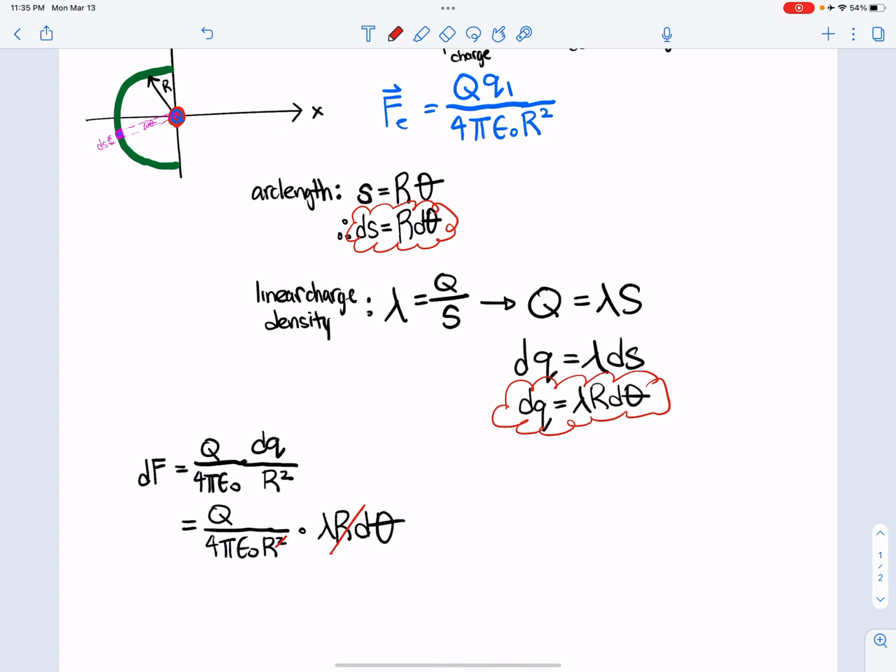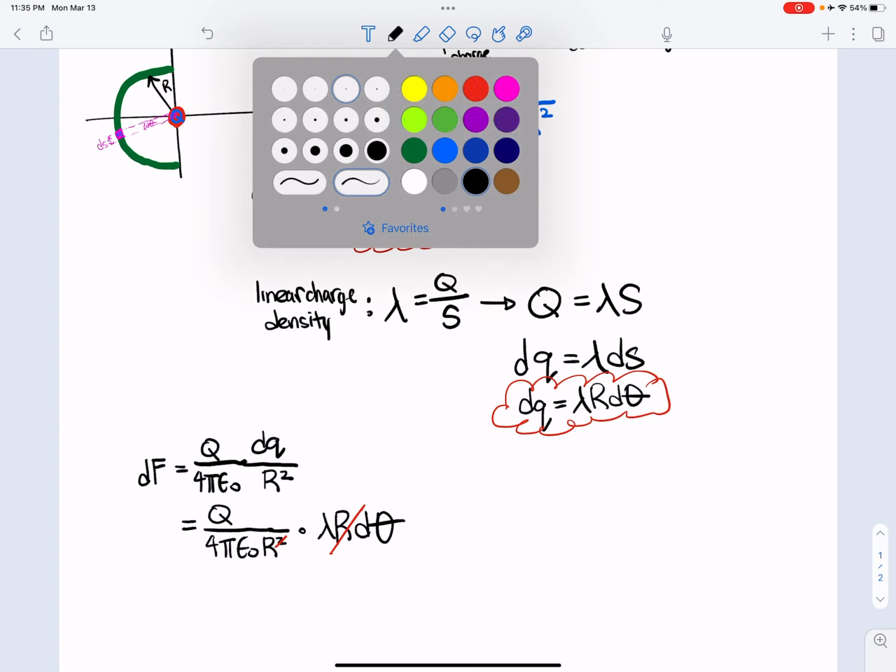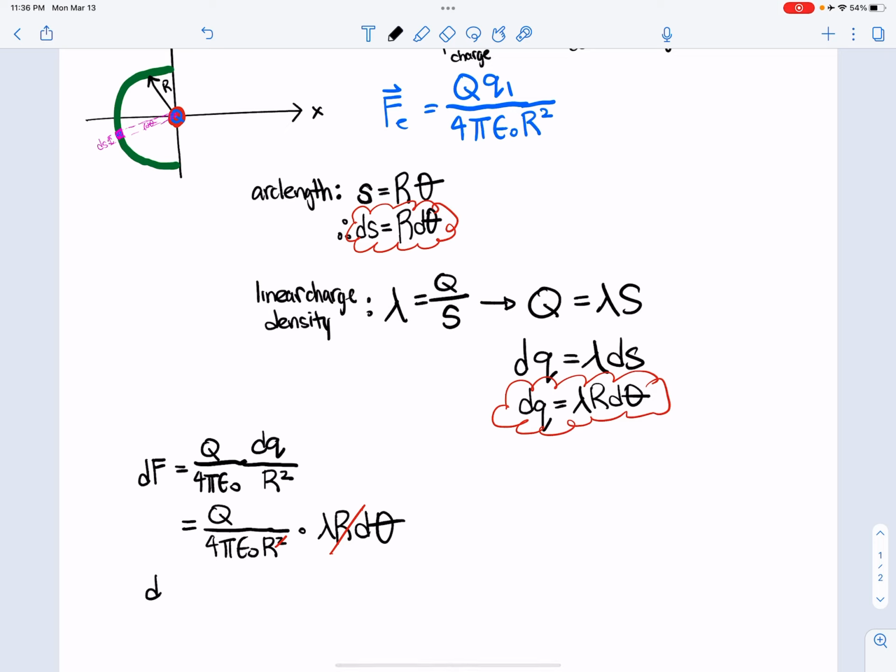This r cancels with this square, and I am left with dF equal to q lambda over 4 pi epsilon naught r d theta. So I'll put a cloud around that.